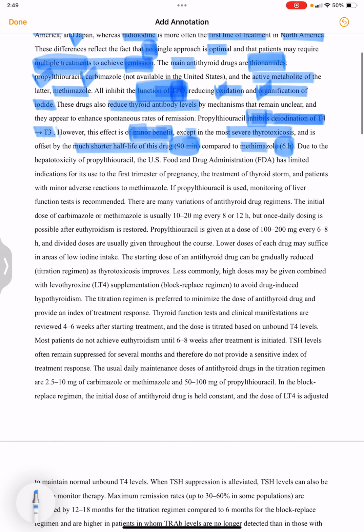Due to the hepatotoxicity of propylthiouracil, the FDA has limited its use to the first trimester of pregnancy, and for the treatment of thyroid storm and patients with minor adverse reactions to methimazole.